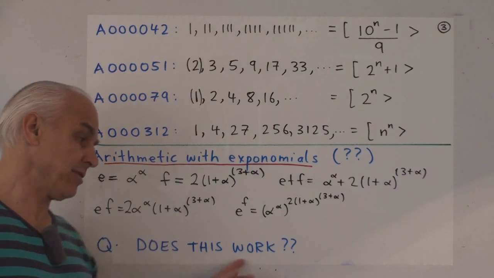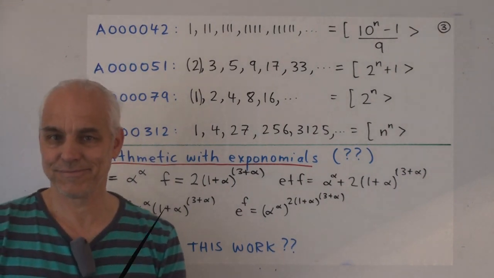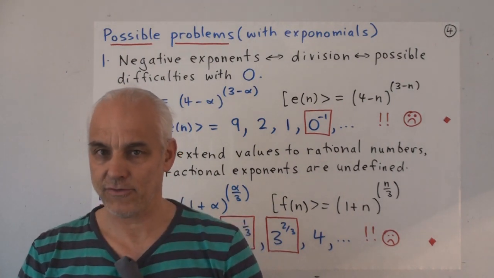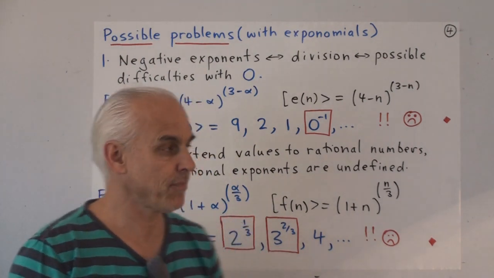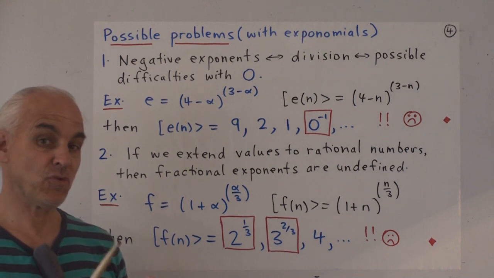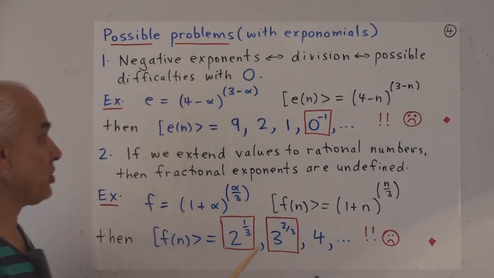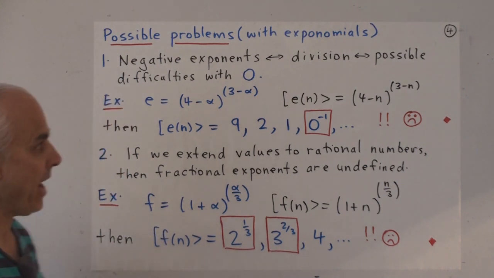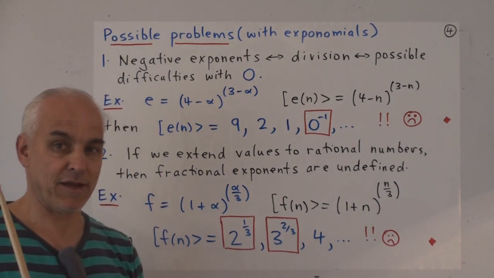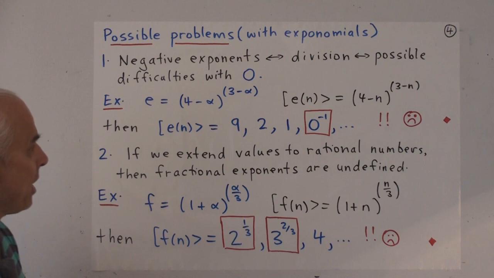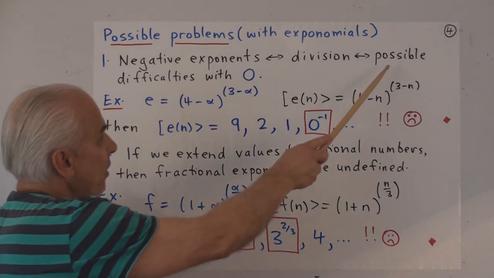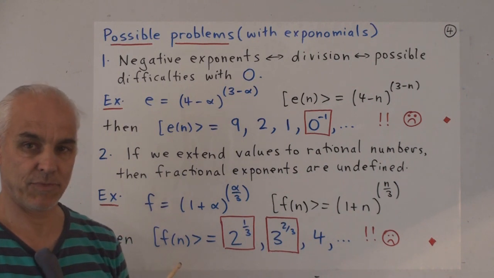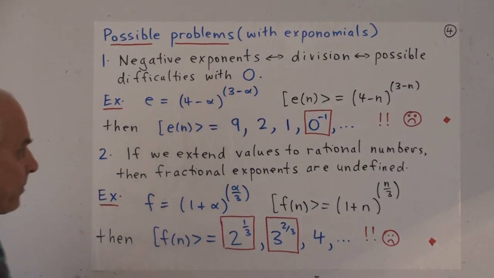So there's various possibilities here, and certainly suggestive that maybe there's a kind of arithmetic with these exponomials. But the question is still, does this actually work? Well, let's have a look at some possible problems that can arise, that will certainly arise. So the first one is that negative exponents generally reflect the operation of division. And division is a little bit more complicated than the other three operations. For one thing, because of the possibility that you might be dividing by 0, which is officially not allowed.